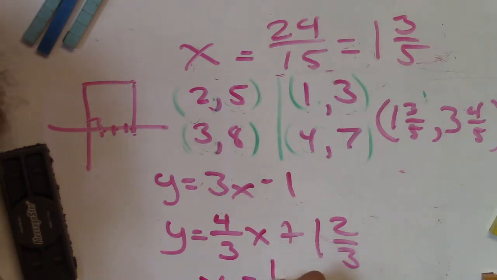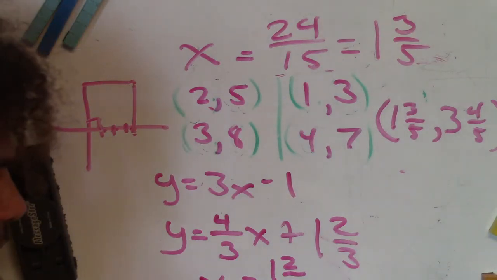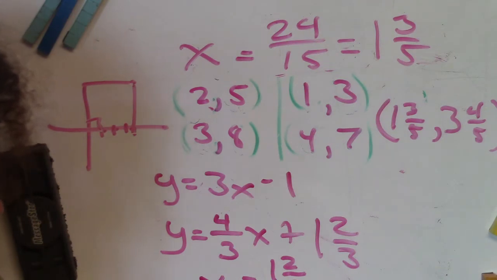It's going to be 1 2/3 over 4/3, right? So then I'm going to just invert and multiply. I'm going to have 3/4, and then I'm going to turn this back into 5/3, and then multiply, and I'm going to get 15/9.